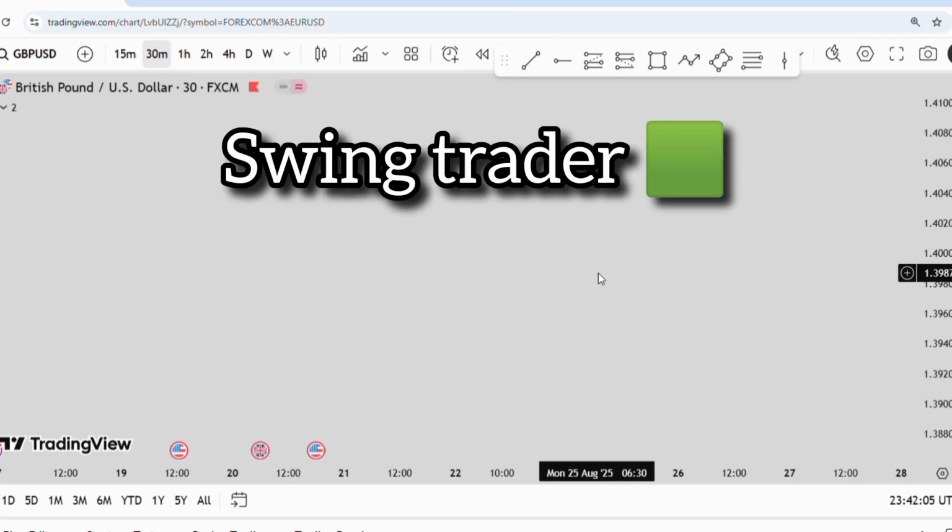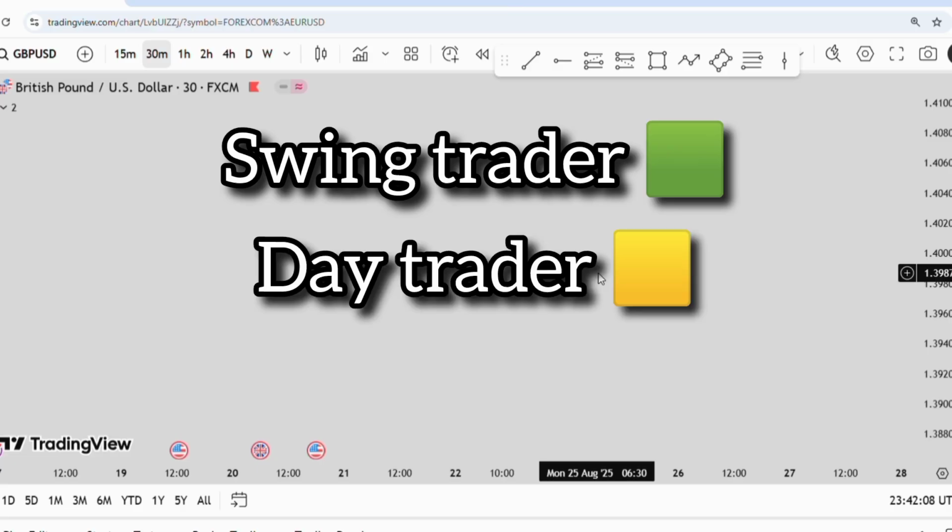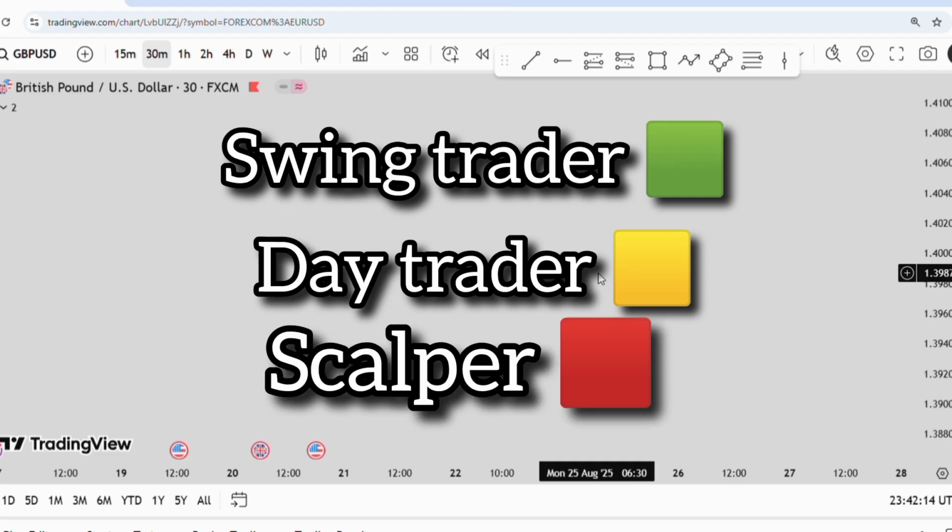A swing trader, medium. A day trader, medium or bigger than medium. But a scalper, that's the highest risk, because you're making a little money, but you're making that little money 100 times a day. And after the end of the day, your portfolio will be in profit.